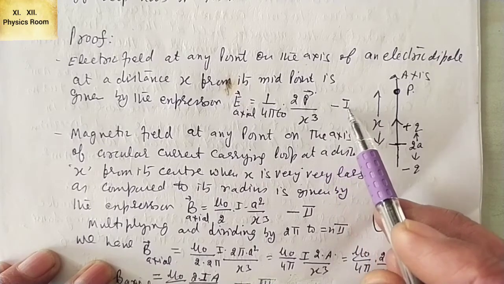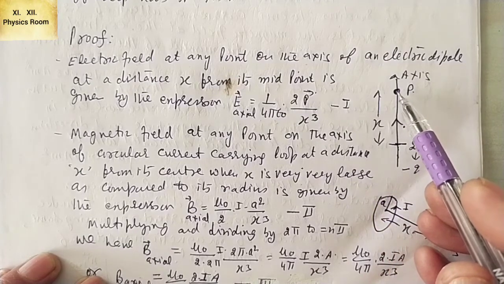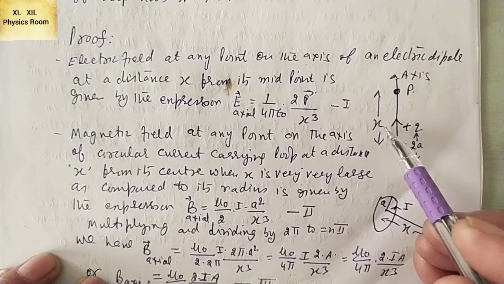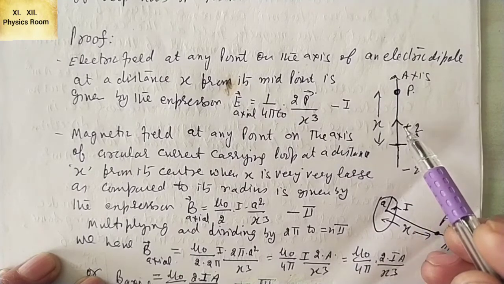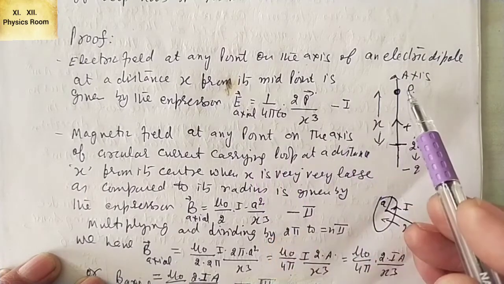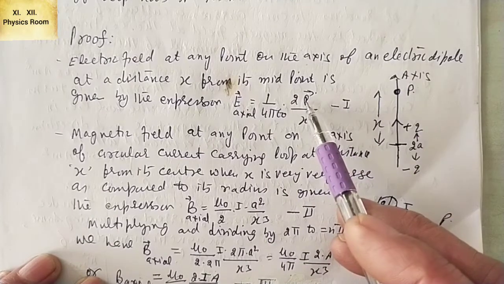Let us mark it as equation number 1. This is point P at a distance x from the midpoint of the dipole, and this is the axial field at P. This capital P is a point and this small p is the electric dipole moment.